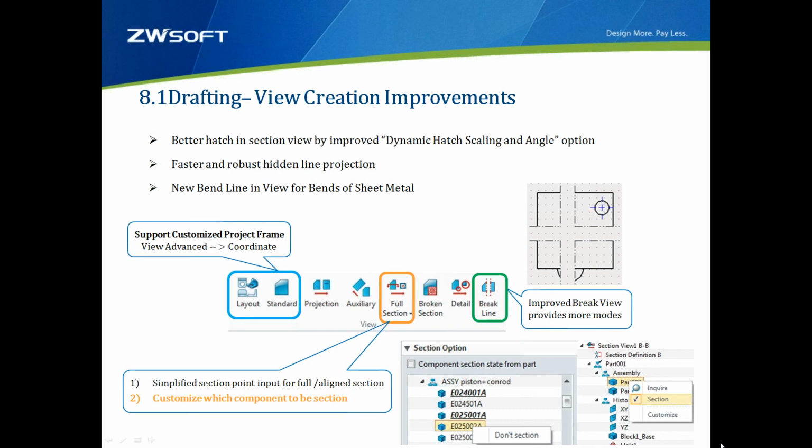And the second point is very useful. It is for section. This is such as several different section features. It supports designers to very conveniently customize which components are not to be sectioned.